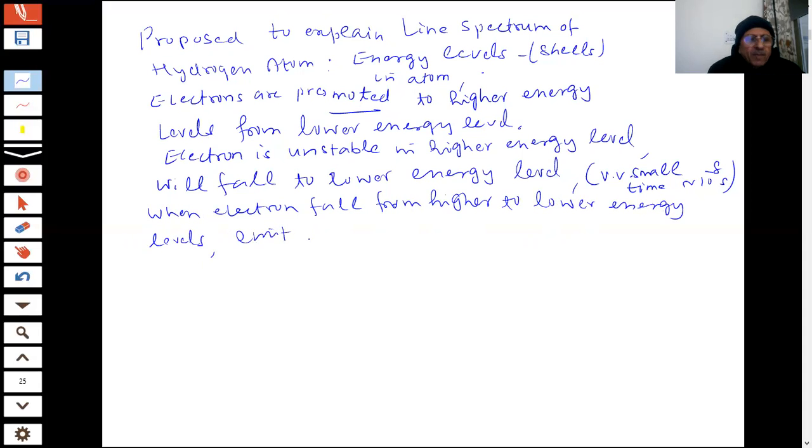They will emit radiations of definite frequency or wavelength, students.